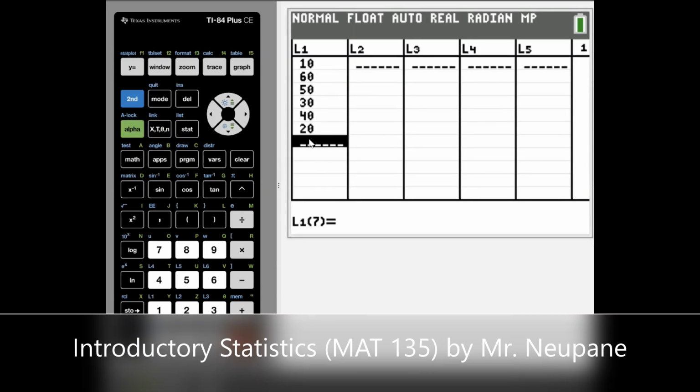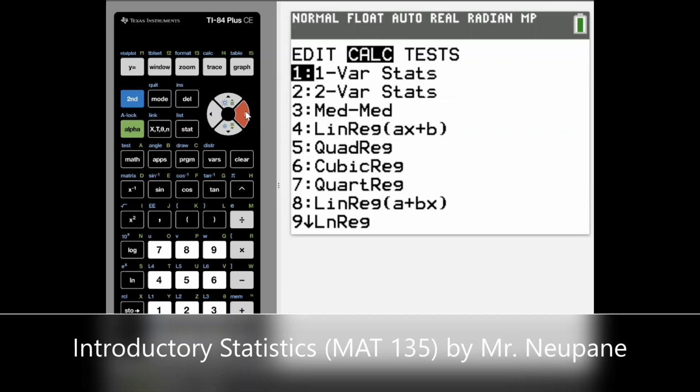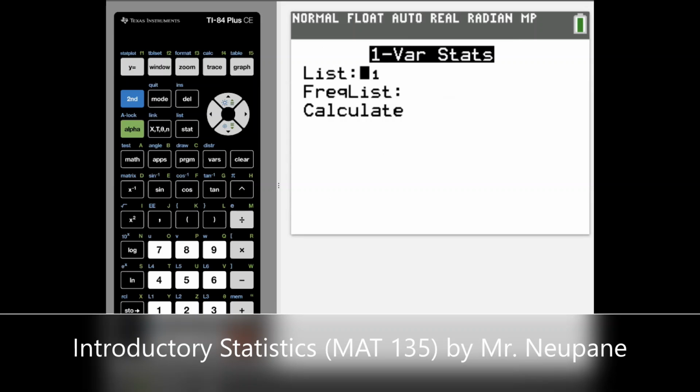Now, after you enter the data, make sure you follow along with me. After you enter the data, go to stat again. Now, this time you'll go to calculate. We are still working on one variable stat. So hit enter. Your values are entered in list 1, which is good.